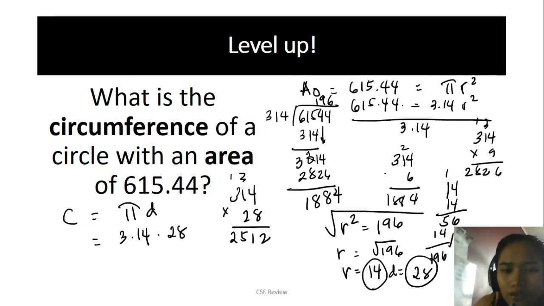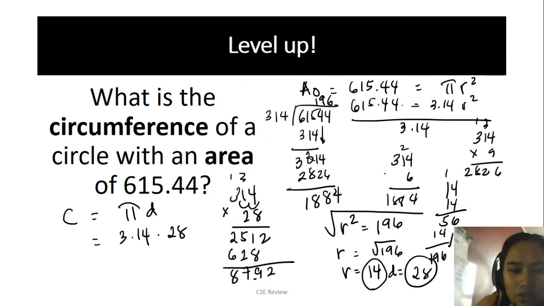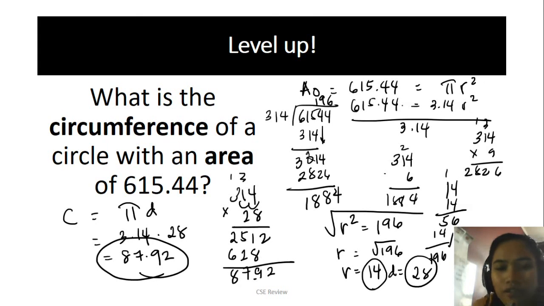And then you have your 2, which is going to be 8, 2, 6. This is 2, 9, 7, 8. Dahil meron kang dalawang decimal point dyan, you have decimal right there. So, it's going to give you 87.92. That is your circumference. Okay?